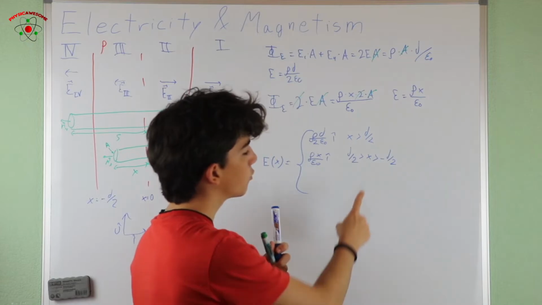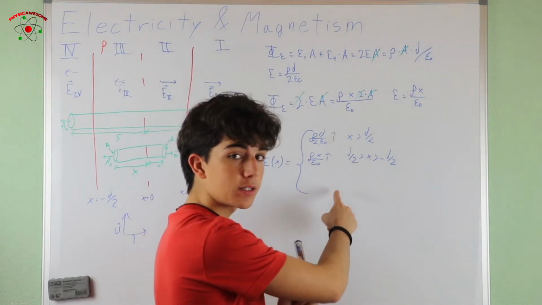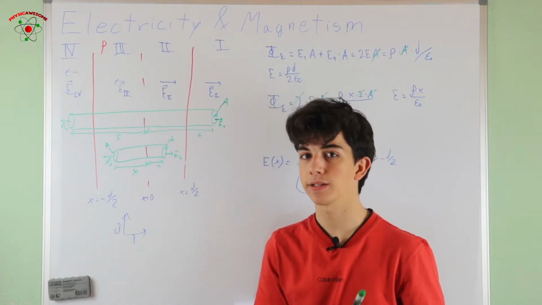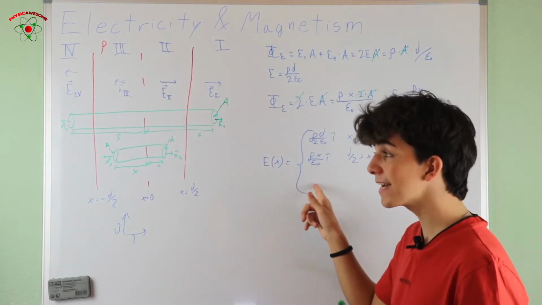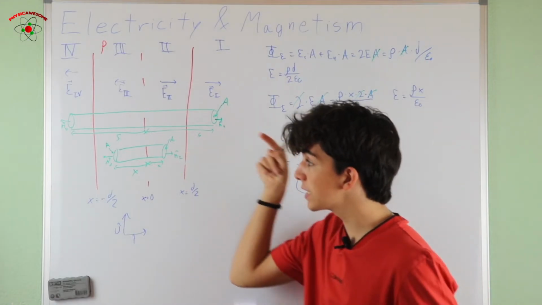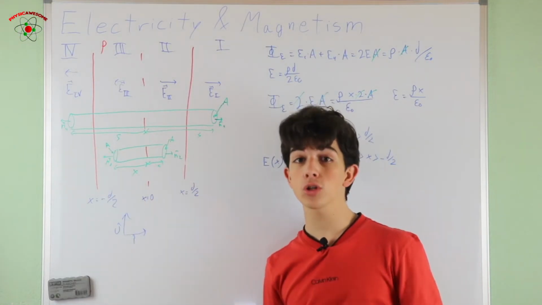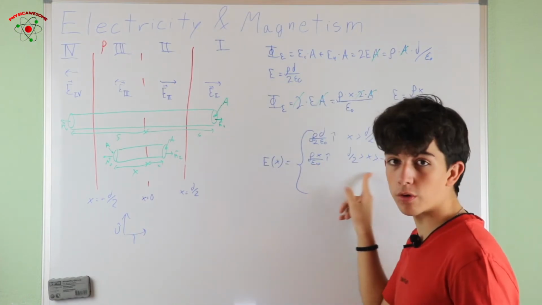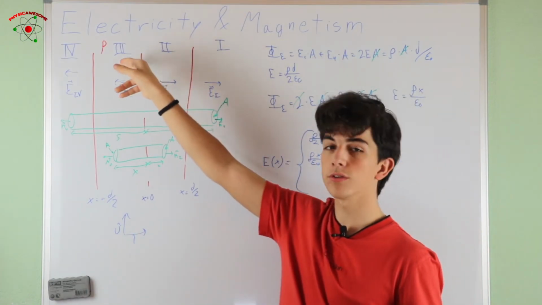And note that when x is positive, this is going to point in the positive direction as expected. And when x is negative, it's going to point in the negative direction, also as expected. Therefore, this is valid for both regions.